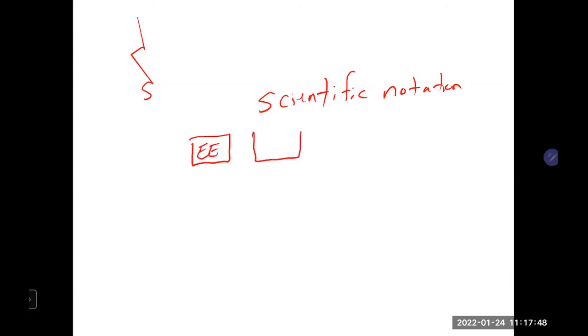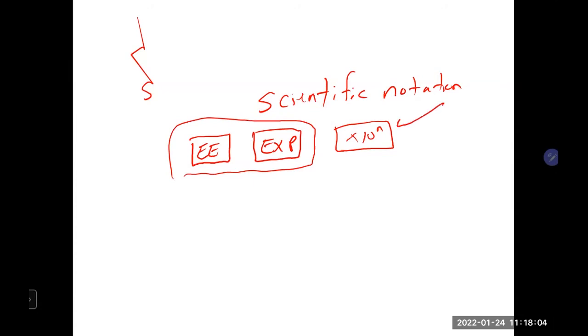You should have an EXP button. And some of the newer ones will have a times 10 to the n type button. These are the proper ways to punch things into scientific notation. We're going to start with just these first, and then we'll talk about what you need to do if you have that button instead.